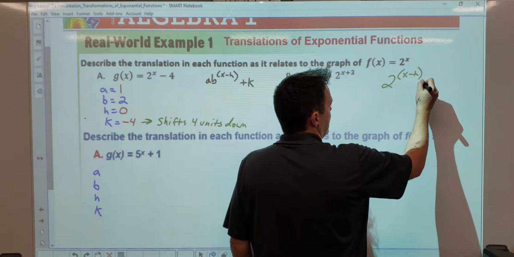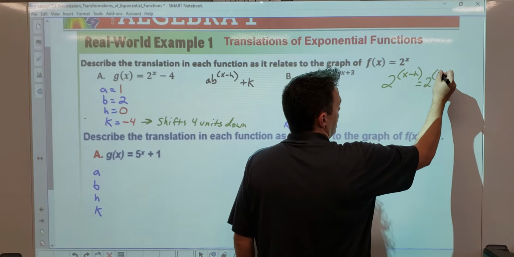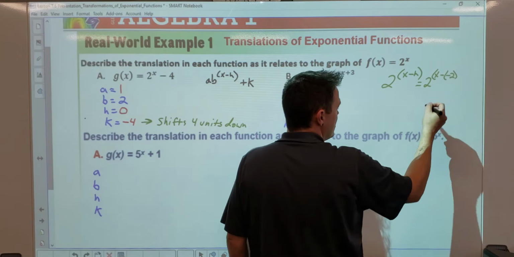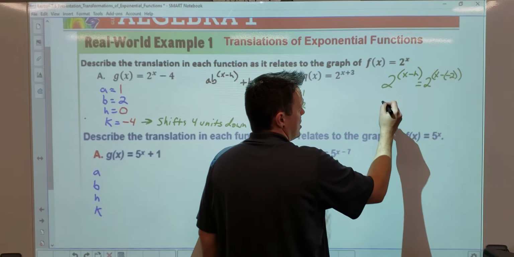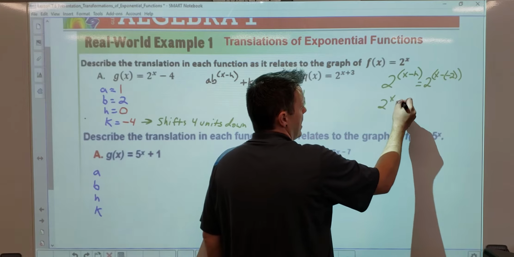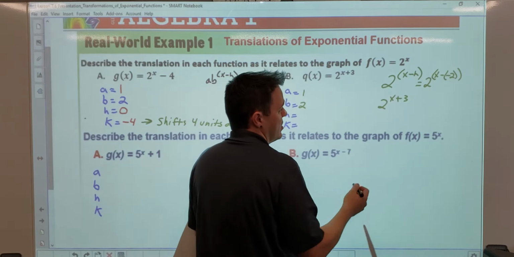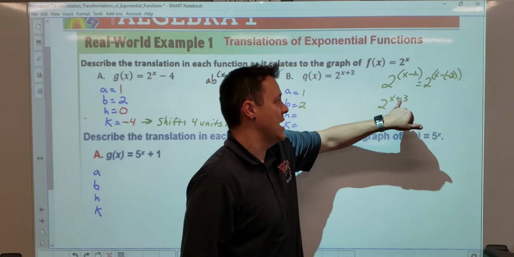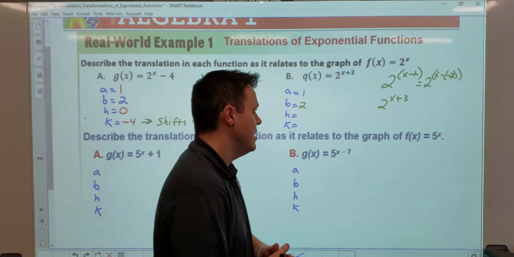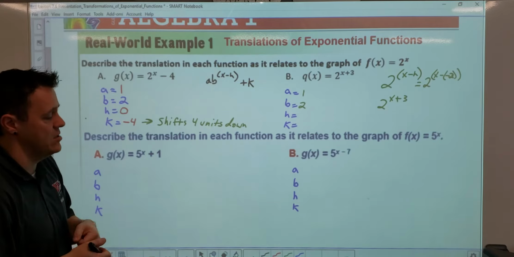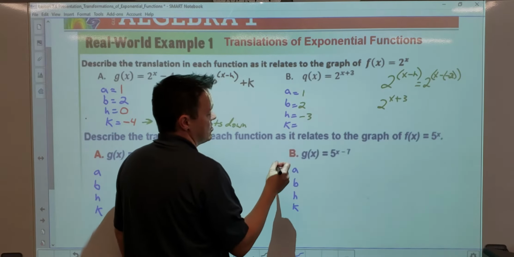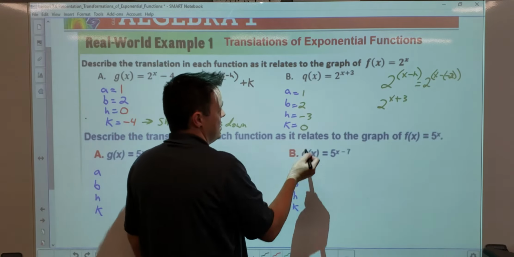So in reality, this is 2x minus negative 2. And then when you simplify that, you would come out to be 2x plus 3. Whoops, sorry, this would be 3 right here. x minus 3, so a negative and a negative would make it a positive, okay? Hopefully you guys understand that and see that. And so the reality is this is not a plus 3, it is a minus 3. And then my k doesn't exist, it is 0.